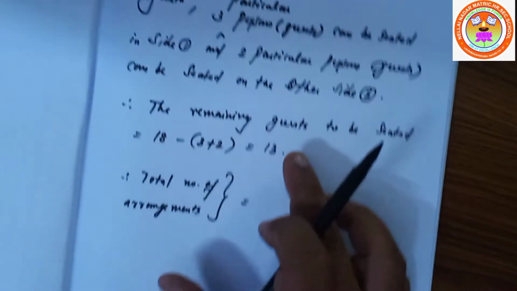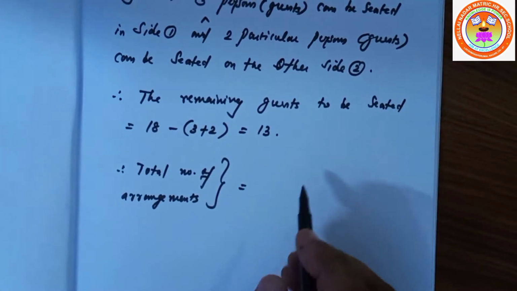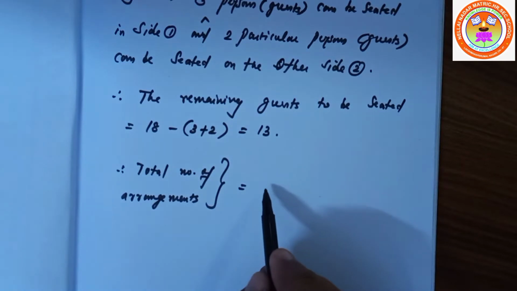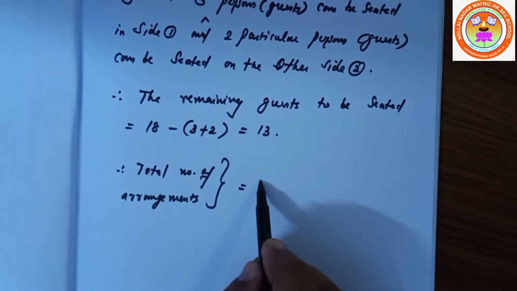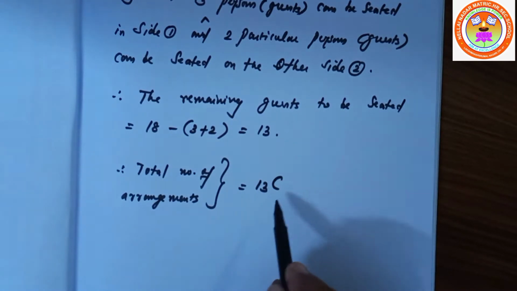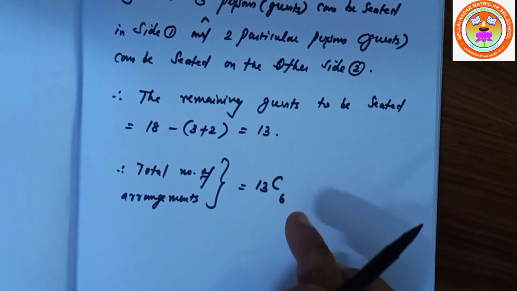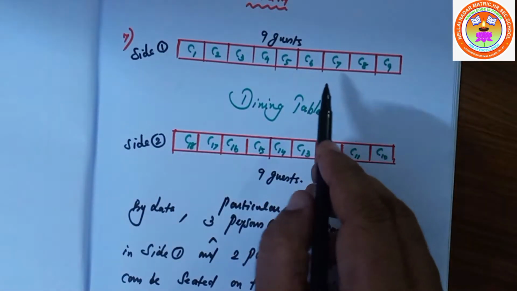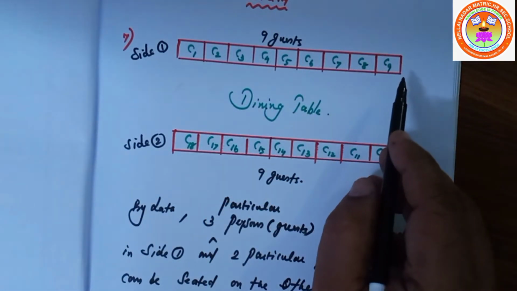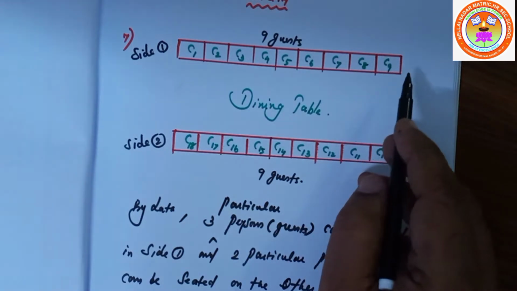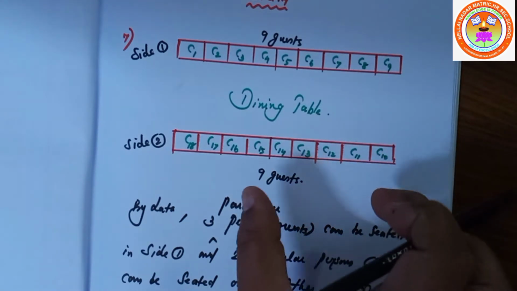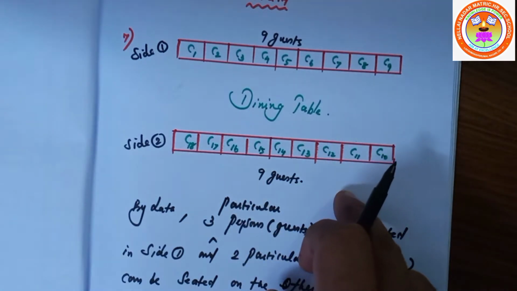Here we have 13 guests more. So the total number of arrangements, that is equal to, first we have to select, so 13C6. Either 13C6 or 13C7 you have to consider. Once you make that selection for the 6 members, automatically the remaining guests will be seated on the other side.